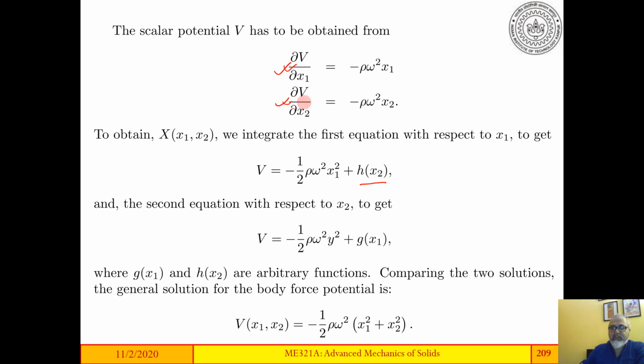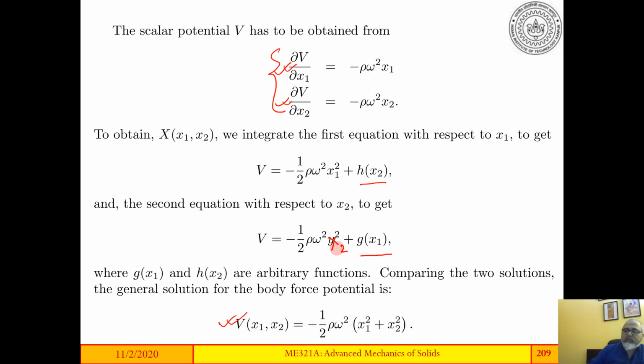You do the second equation, rho omega square x2 square by 2, sorry, x2 square, and a function of x1. And then comparing these two, you see that this is a reasonable form of V, which is consistent with these two equations.